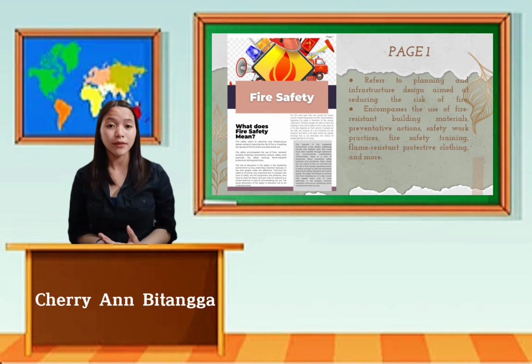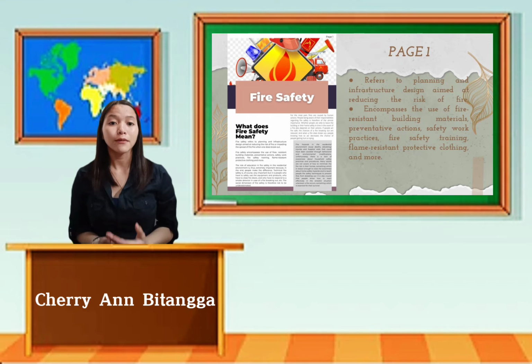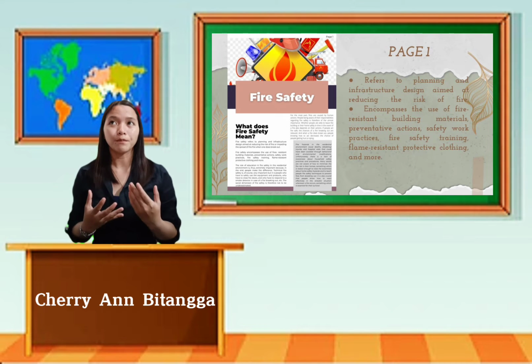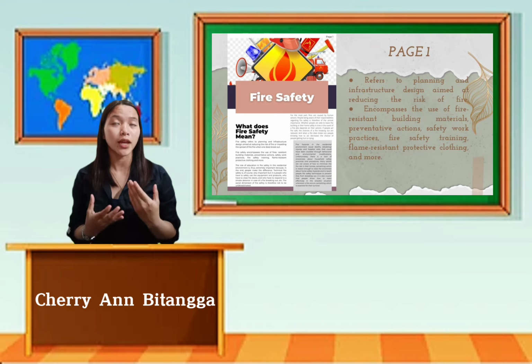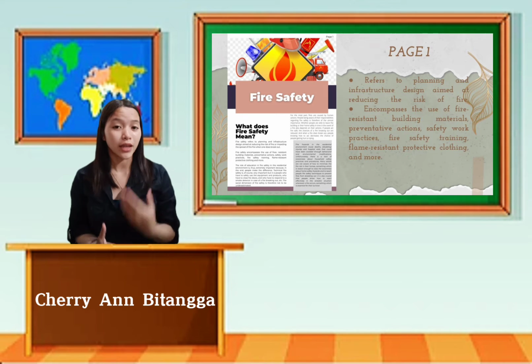Fire safety encompasses the use of fire-resistant building materials, preventative actions, safety work practices, fire safety training, flame-resistant protective clothing, and more. So fire safety is very important to avoid and protect us from danger.